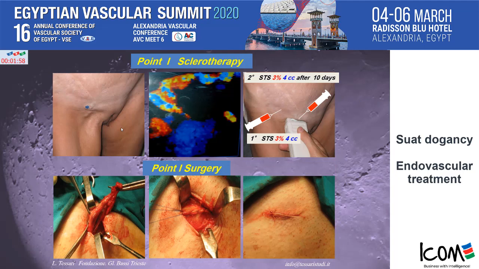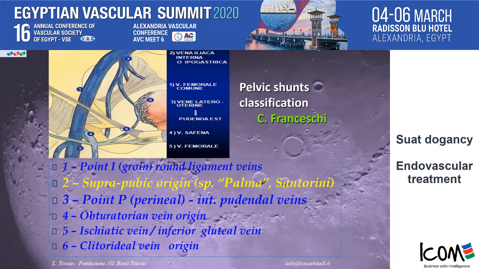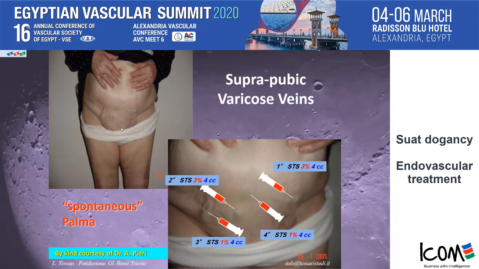The solution is sclerotherapy or surgery. As you can see here, it is 4 cc of polidocanol foam 3%, or surgery with ligature of this reflux. We can also have a suprapubic origin, like a natural pump, that is in this part of the abdomen, as you can observe here.